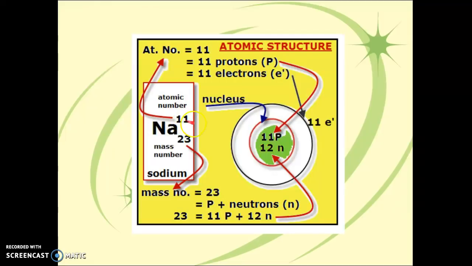So if we want to know how many neutrons there are, we would just subtract 11 from 23. Whatever's left over, which is 12, would be the number of neutrons we have. If we wanted to know the number of electrons, and we're assuming this isn't an ion, we would just look at the atomic number, the protons, and assume the electrons should be the same. Right? So you can figure out a lot of information just by looking at the little boxes.